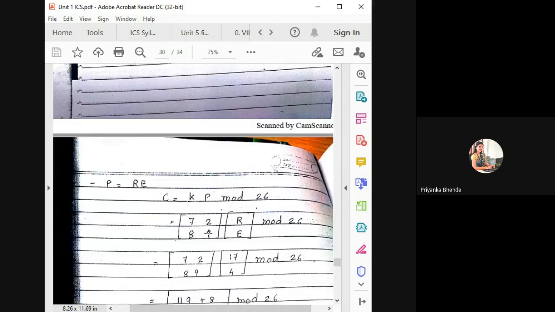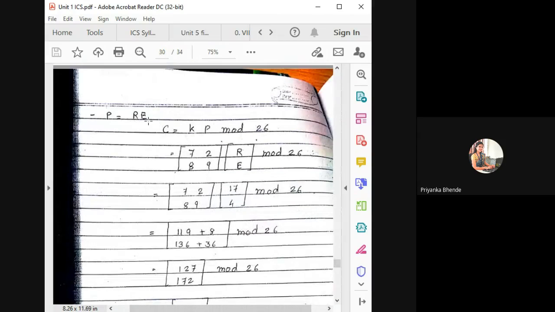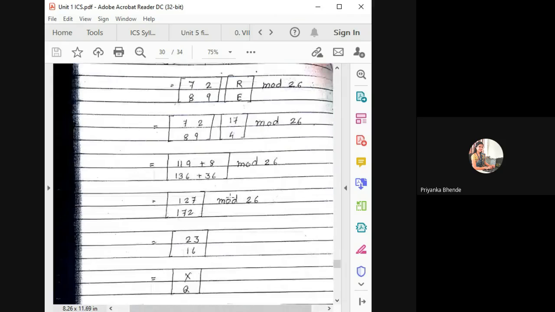And the last pair of this plain text is RE. Similarly, we solve this RE pair: the key is 7289 and the plain text is R and E, mod 26. Again, we calculate the matrix multiplication. After calculating it, we get 127 mod 26 and 172 mod 26.